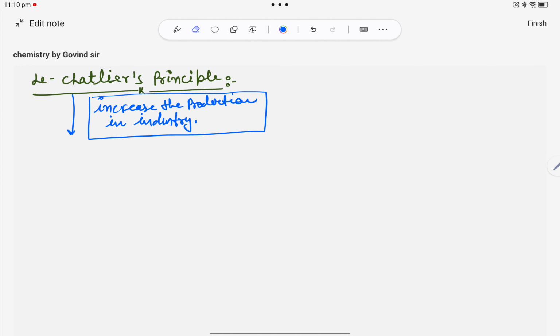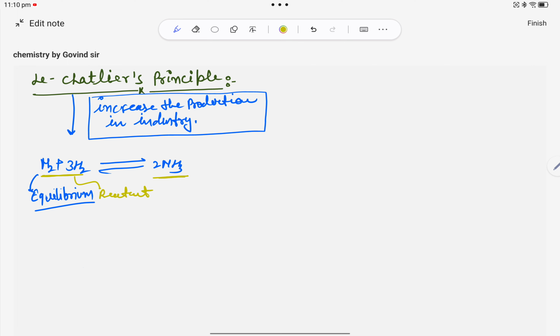Suppose any reaction is given, N2 plus 3H2 giving 2NH3, the very famous Haber process. This system is in equilibrium. Equilibrium means, children, when you started the reaction, whatever amount of nitrogen and hydrogen you have taken is the reactant.